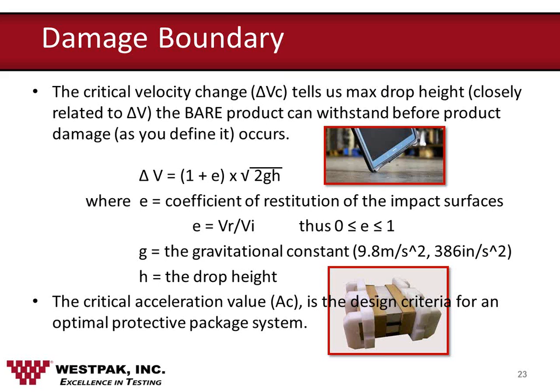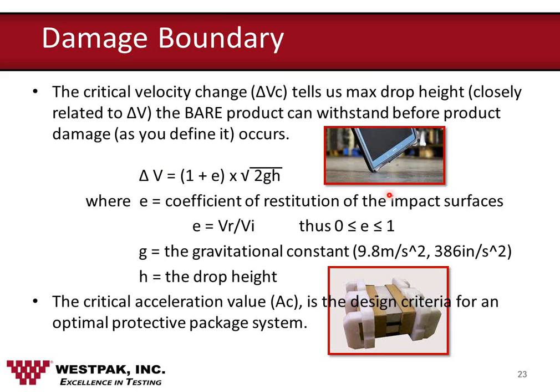But velocity change is also equal to 1 plus a quantity E, I'll talk about that in a minute, times the square root of 2 times the acceleration constant times the drop height. So E is the coefficient of restitution of impact surfaces. What the heck is that?